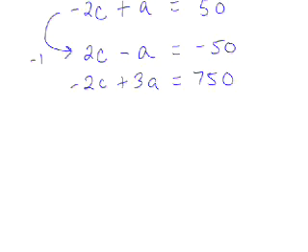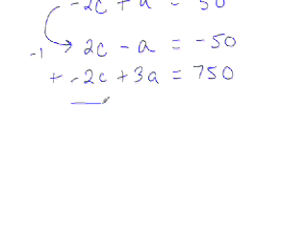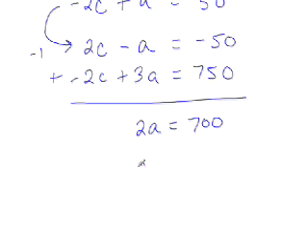The C terms cancel each other out. -A plus 3A gives us positive 2A, and 750 minus 50 gives us 700. Dividing both sides by 2, A is equal to 350.